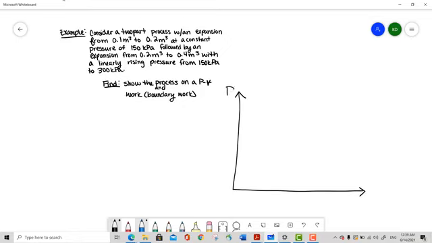We know PV. Right, okay. So first we know our volume, which is 0.1 meters cubed, and then we know that it goes to 0.2.